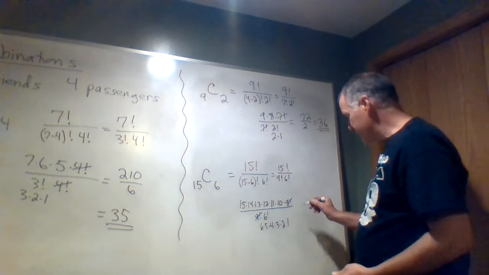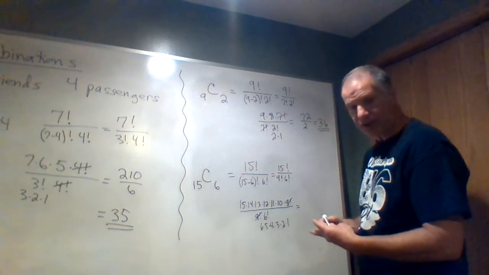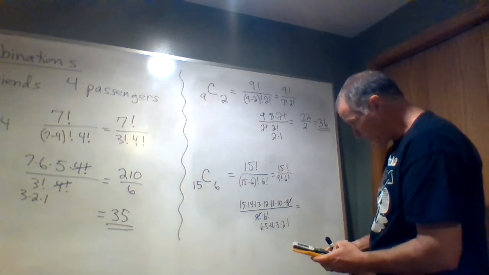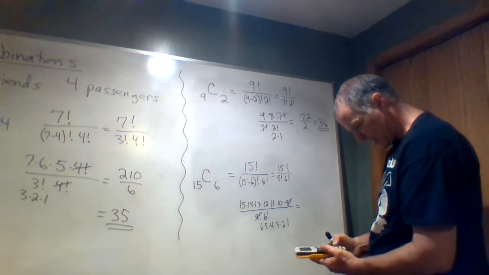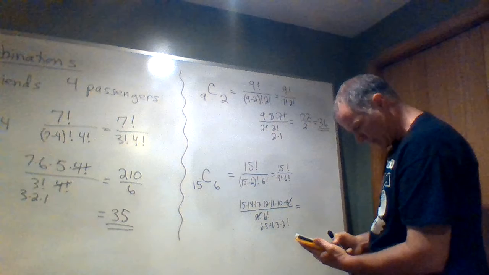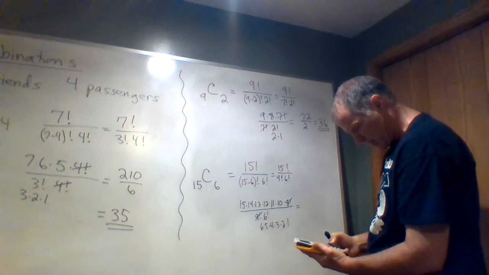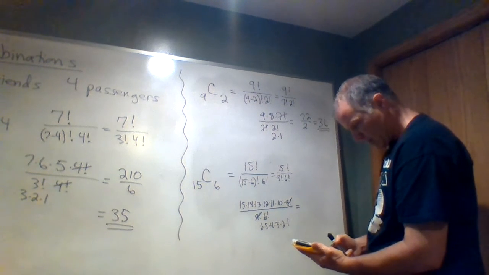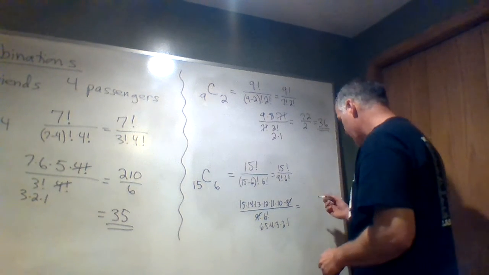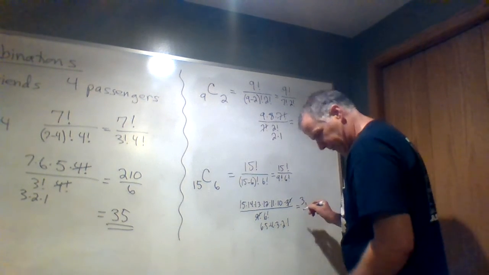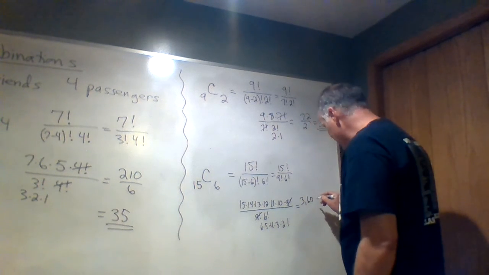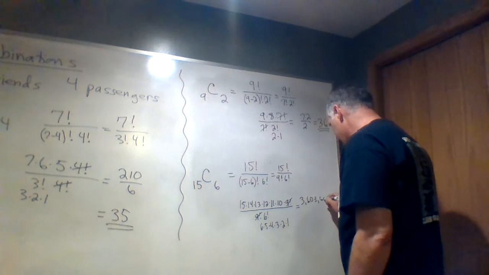Now these are going to be some big numbers. Use your calculator. So 15 times 14 times 13 times 12 times 11 times 10. Big old number, 3 million. 3,603,600.